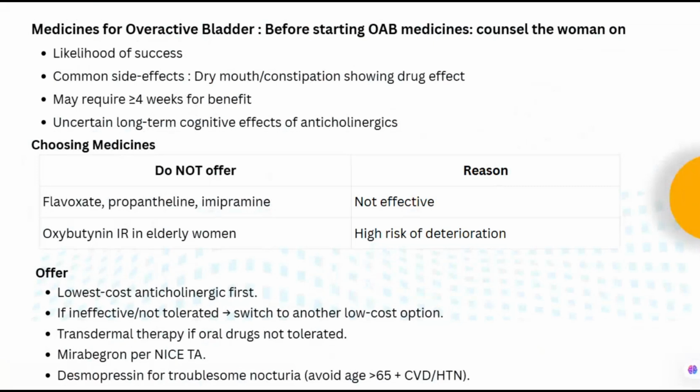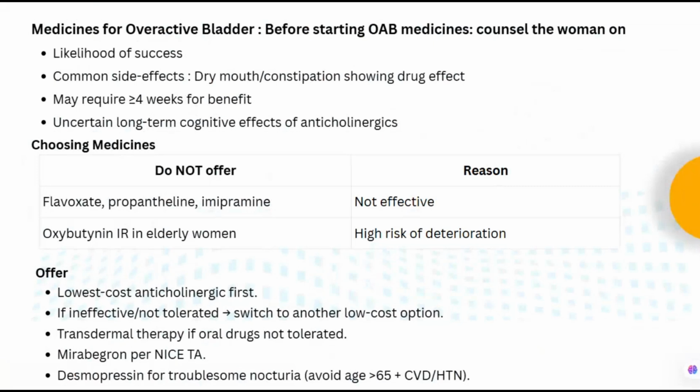Now, concentrate on this particular slide well, because especially for part 3, definitely there is a station on the medicines for overactive bladder, and you need to talk about the side effects and what will be the review and all. So when you are thinking about the medicines for overactive bladder, mention the likelihood of success, common side effects such as dry mouth and constipation showing the drug effect, and that it may require more than 4 weeks for the benefit.